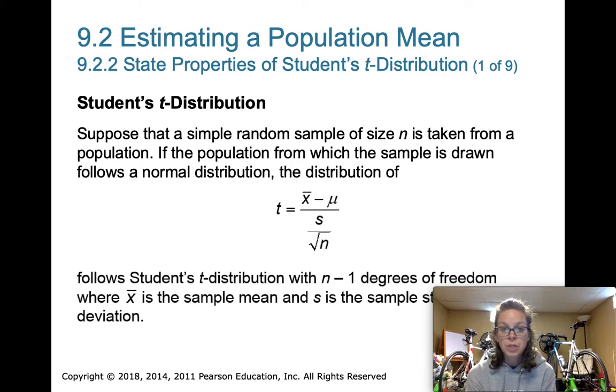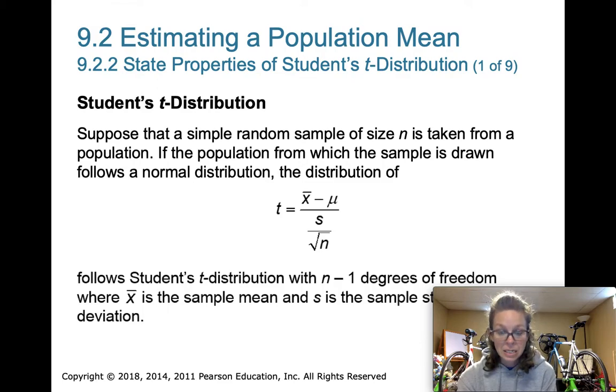So what we're going to do now is learn about a different kind of distribution, which is called a t-distribution. A t-distribution is very much like a normal distribution, which we've studied before. And remember, in that normal distribution, the letter we used was z. Z was the letter that told us how many standard deviations an observation is away from the mean. So if z is 1, 1 standard deviation above the mean. If z was negative 2.3, 2.3 standard deviations below the mean.